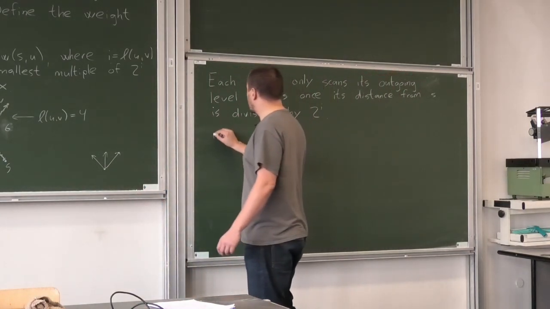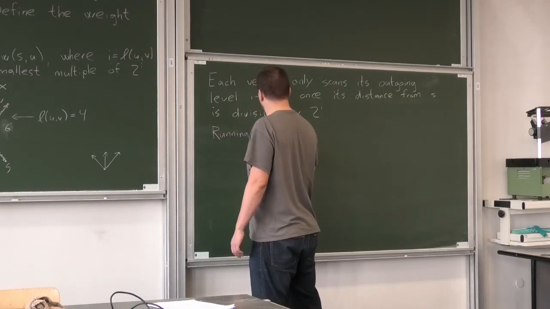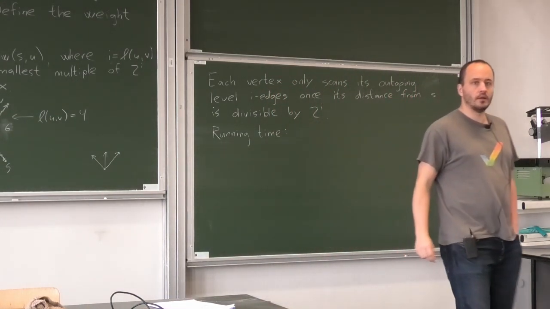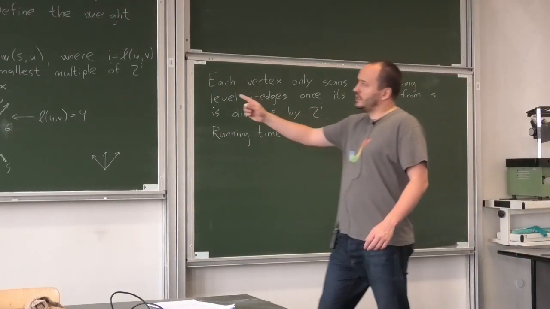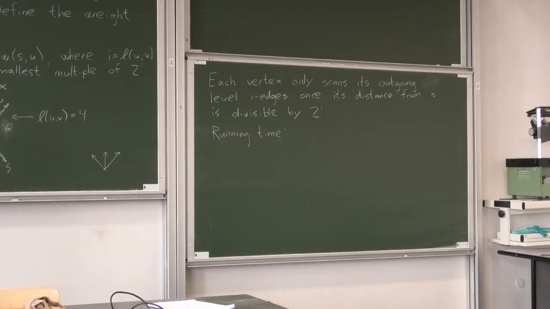So let's look at the running time. So any questions so far, by the way? Is this still an exact algorithm? So that's a good question. Is this still an exact algorithm? Well, it's an exact algorithm with respect to this weight function, this weird weight function. It maintains exact distances, but not with respect to the original unit weights, but with respect to this weight function.